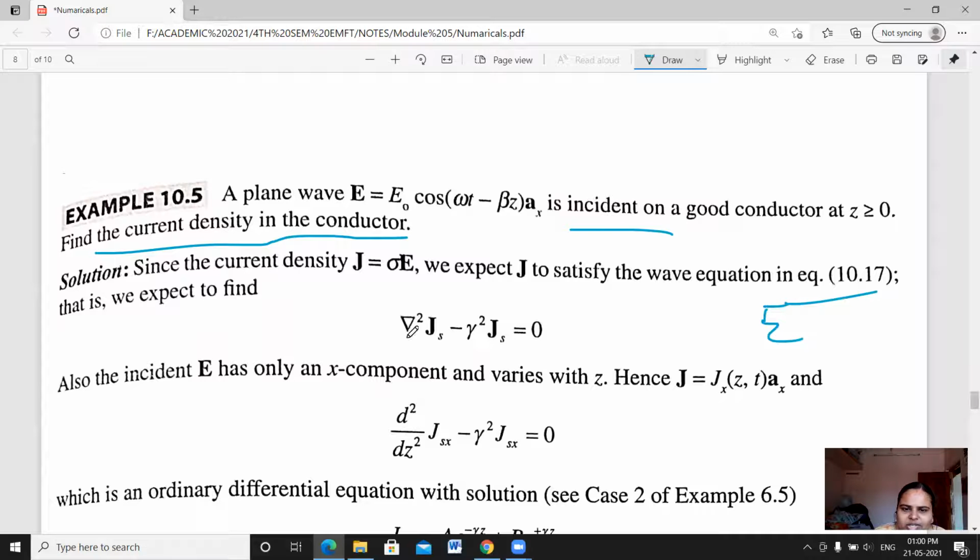That is, del square Js minus gamma square Js is going to be equal to 0. Then the incident E has only the x component and varies with z.